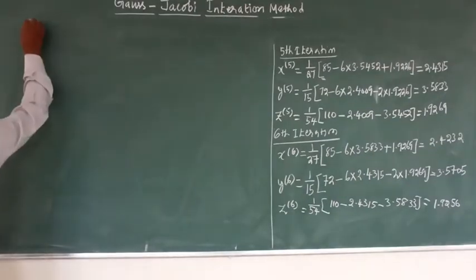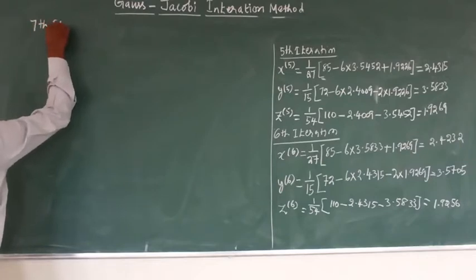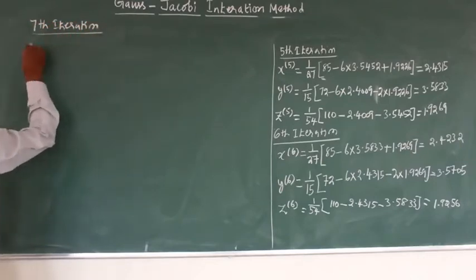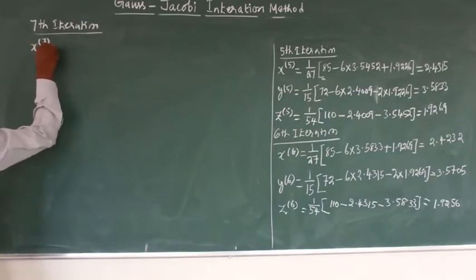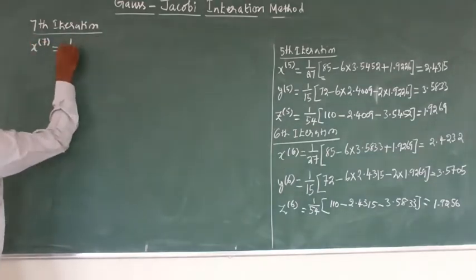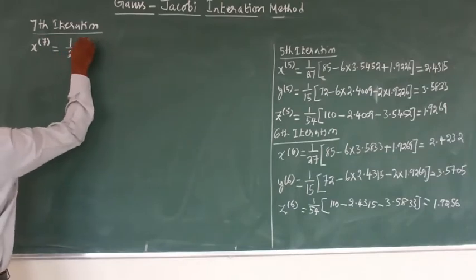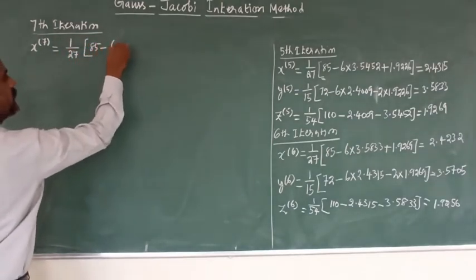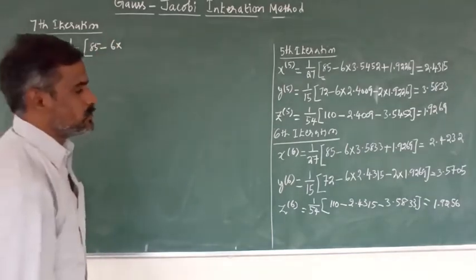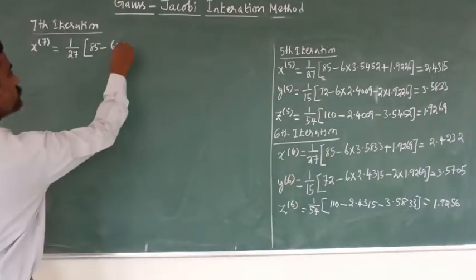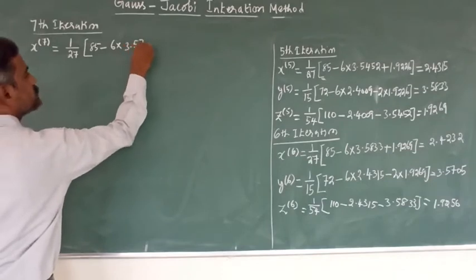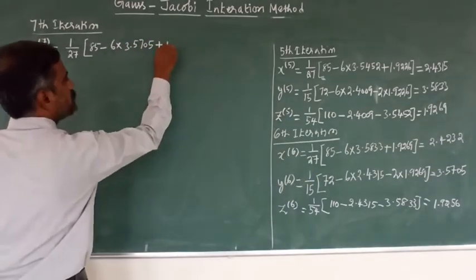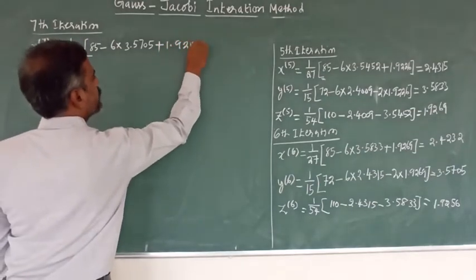Seventh iteration, x7 equals 1 divided by 27 within bracket 85 minus 6 into y value 3.5705 plus z value 1.9256.